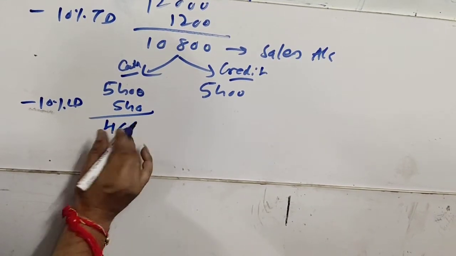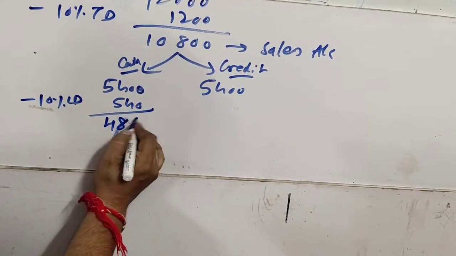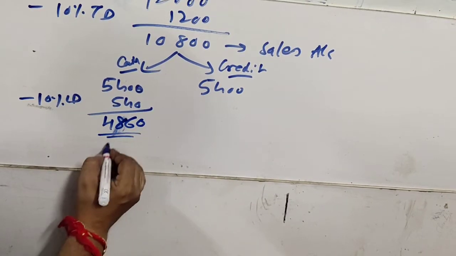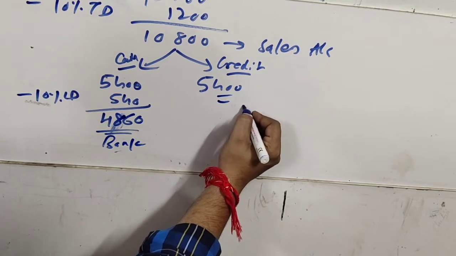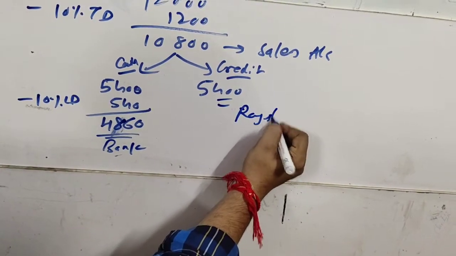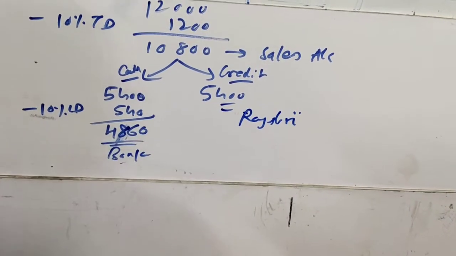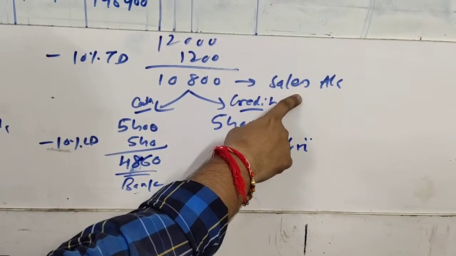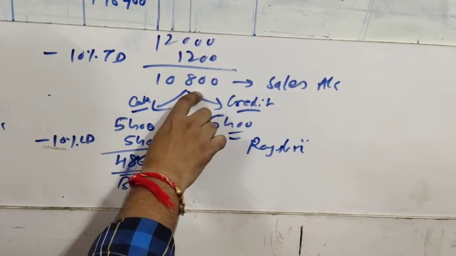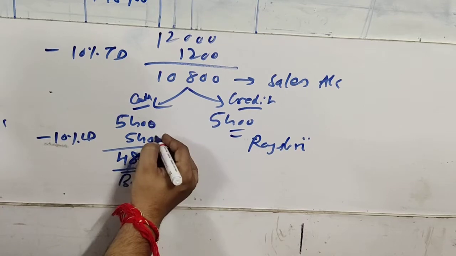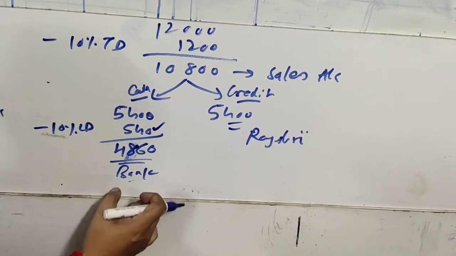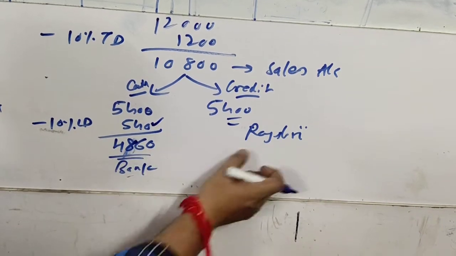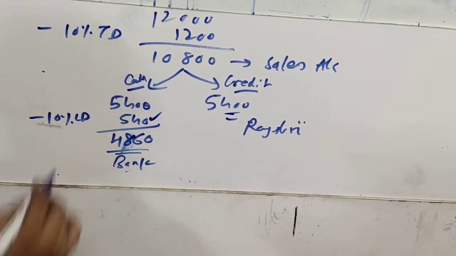So the remaining amount 4,860 she will be paying us through check, and this 5,400 will be on Rashri account. So here a total of 4 accounts will be affected: sales account 10,800, discount allowed account 540, bank account 4,860 and Rashri account 5,400.